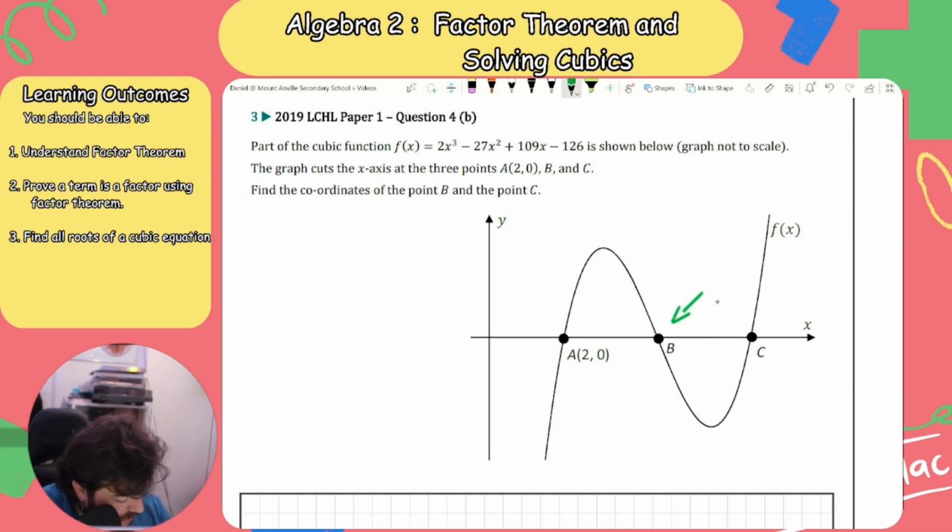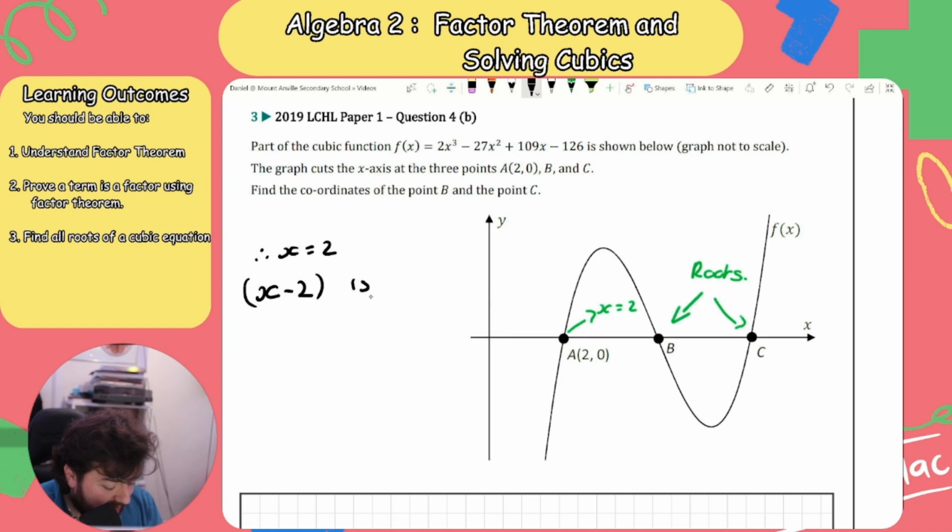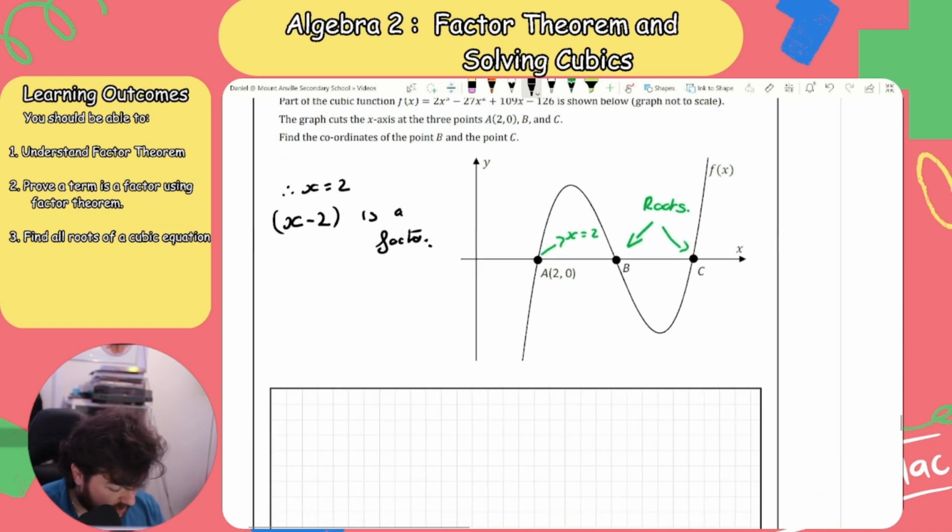So b and c here are both roots, right? And I have one root here, so x is going to equal 2. So I need to find what b and c are. Well, if x equals 2 is a root, from the factor theorem, x minus 2 is a factor. So I have a factor, I have my cubic, I'm going to divide in, and I'm going to solve for the remaining roots.